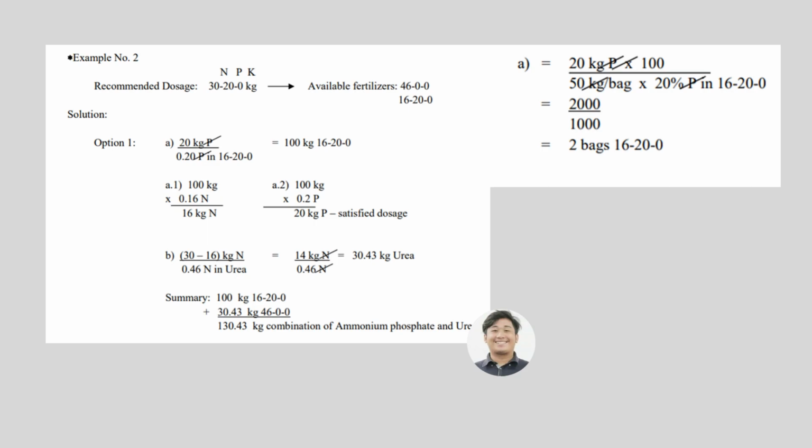So first we will solve the incomplete fertilizer, which is the 1620. Here the required dosage for the phosphate is 20. Then the percent of available fertilizer should be in decimal again, so it's 0.20.